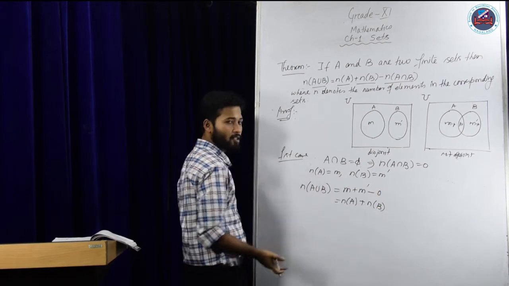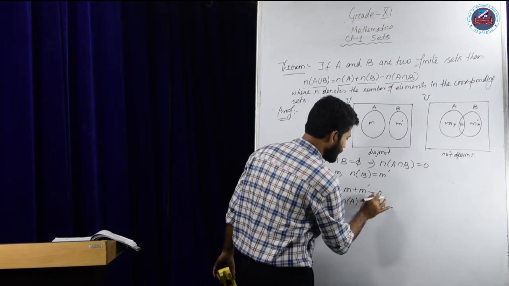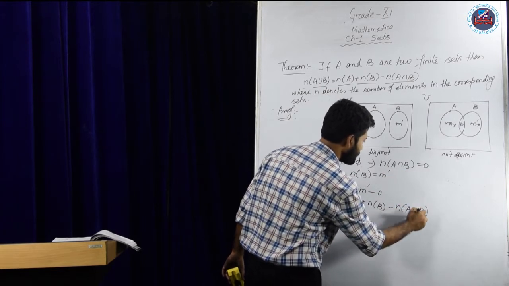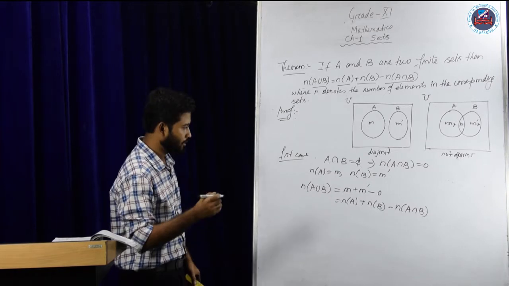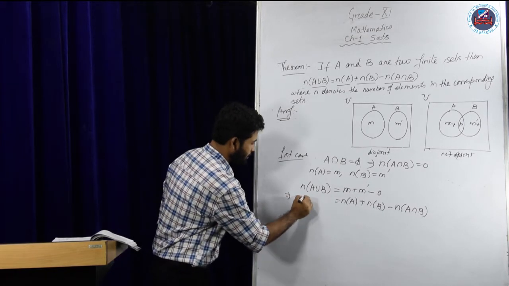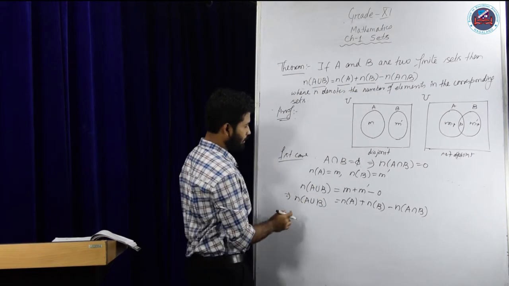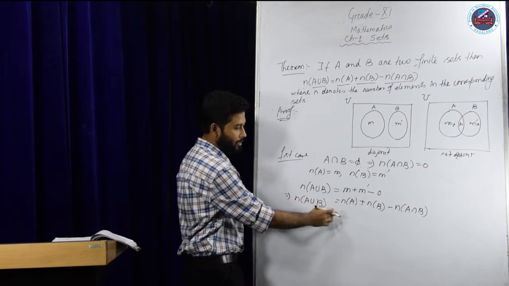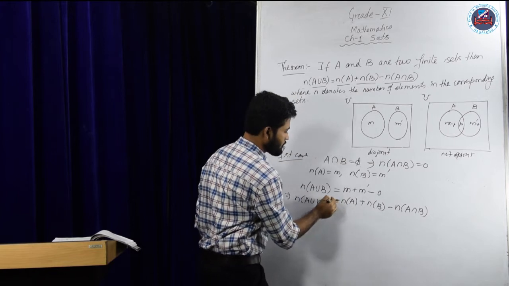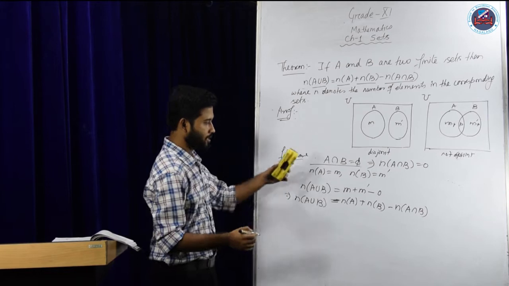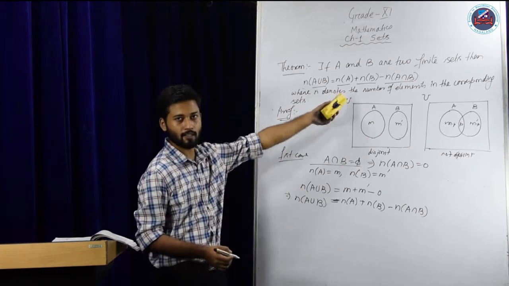Because I can subtract 0 from anything, in place of this 0 I can write the number of elements of A intersection B, isn't it? So this results in our statement, that is the number of elements of A union B is equal to this. So thus we have got the first part, the disjoint case. When it was disjoint, we have proved that this condition holds.